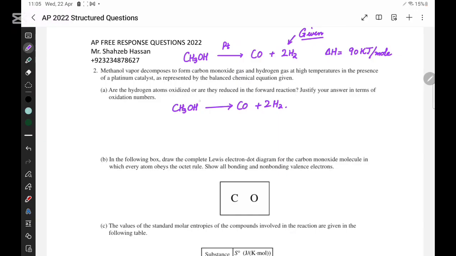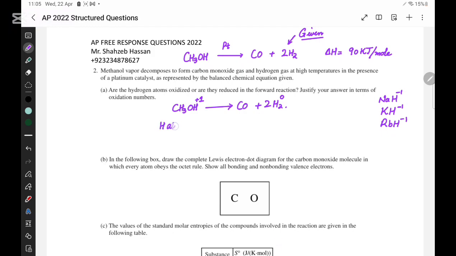Hydrogen oxidation state here is going to be +1 because hydrogen has +1 oxidation state except with metal hydrides from group 1 like NaH, KH, RbH, where it has the oxidation state of -1. Otherwise hydrogen has the oxidation state of +1 every time, and as it is changing from +1 to 0, that means it has gained electron, so it is going to be reduction.